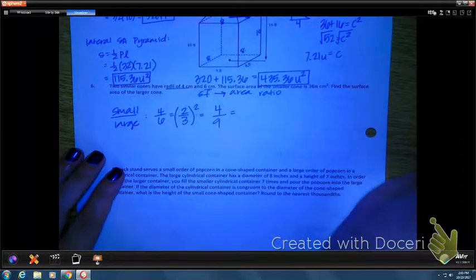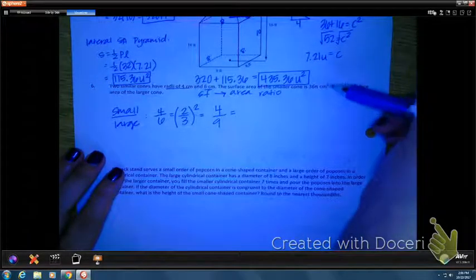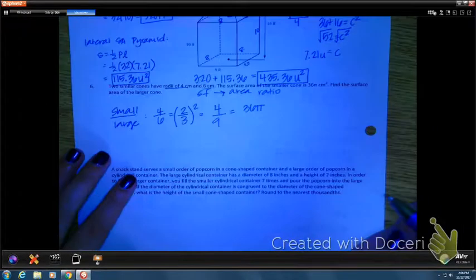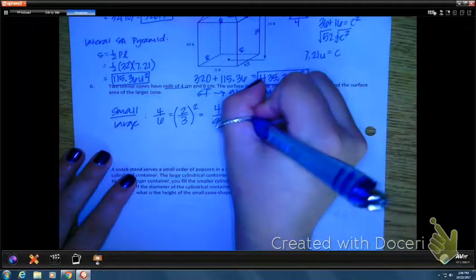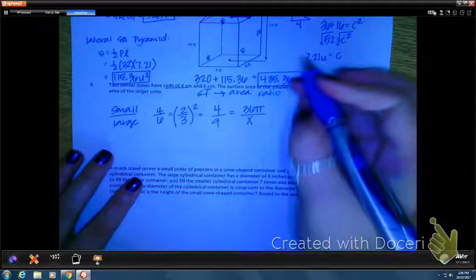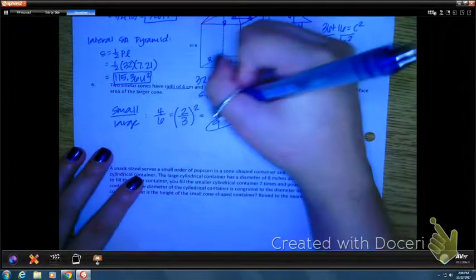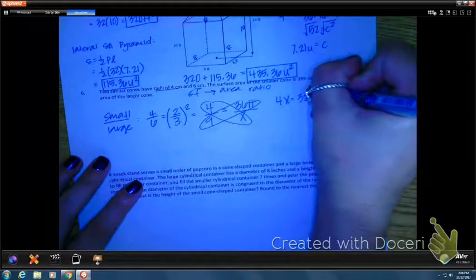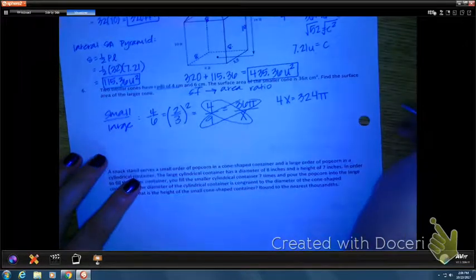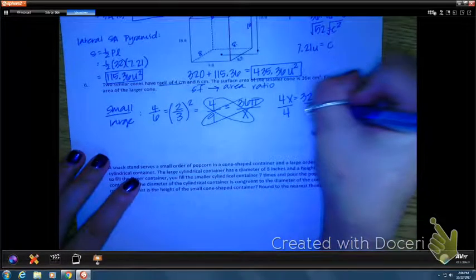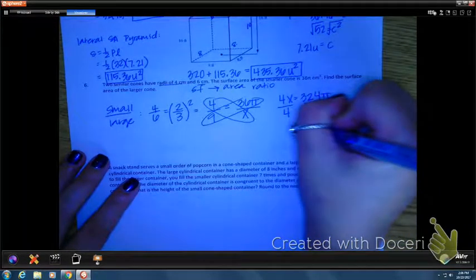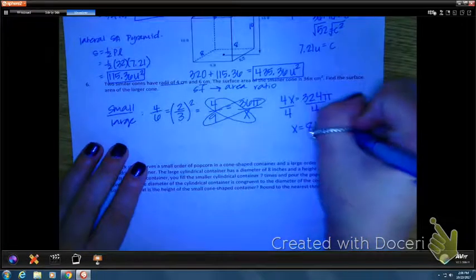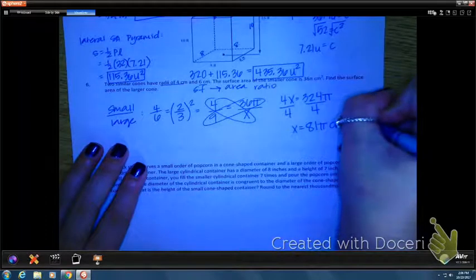We have the area of our smaller cone, so smaller is on top, so that's 36 pi over x. Cross multiply and divide. 4x equals 324 pi. Divide by 4. Should get 81 pi centimeters squared.